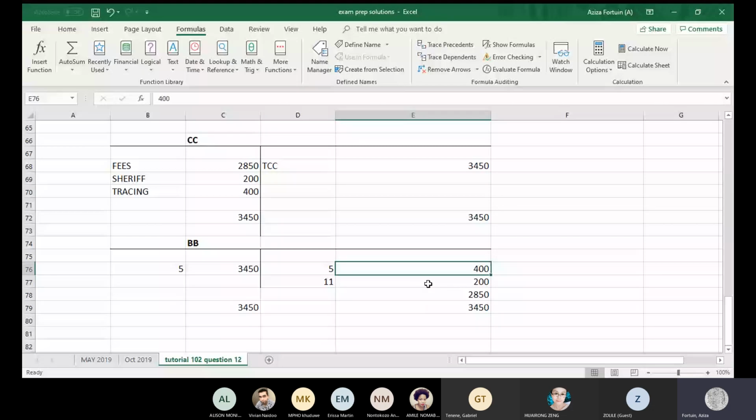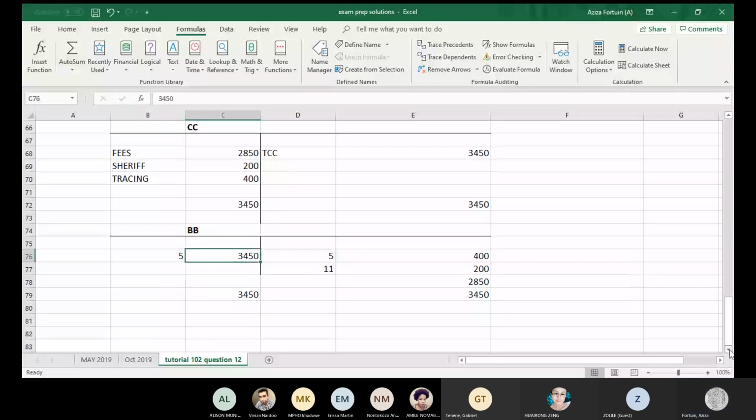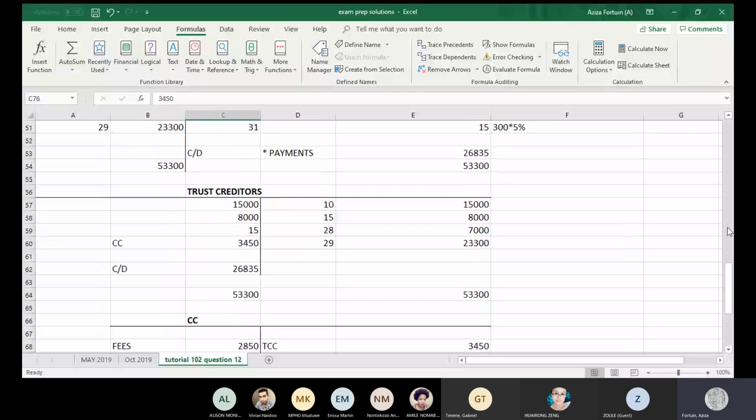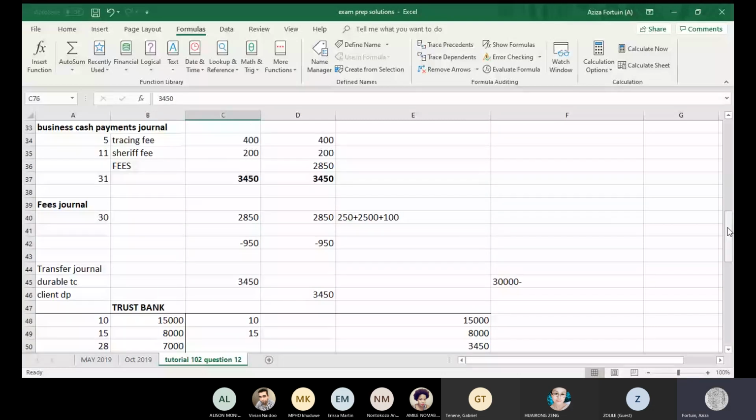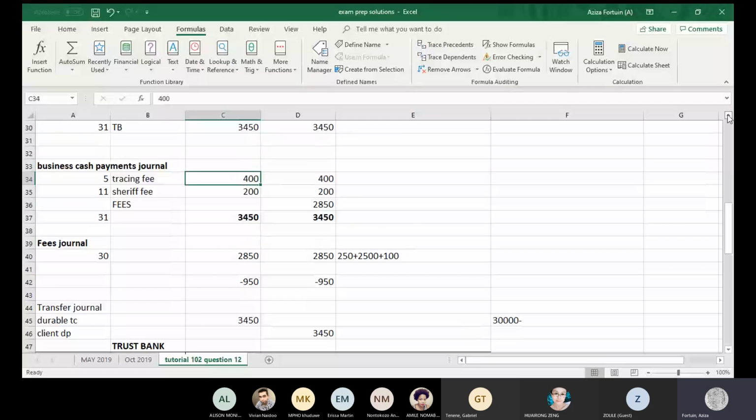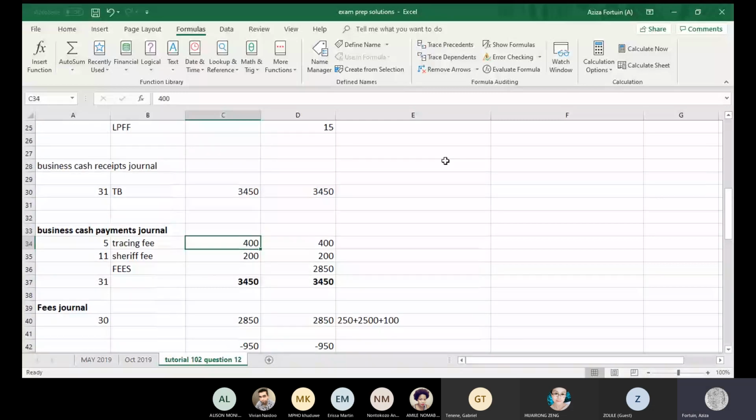I'm going to credit the 200 Rand for the sheriff fees, and the 2,850 is 3,450, right? That 3,450 is going to be deposited into my business bank account, so this is my debit side of my business bank account.